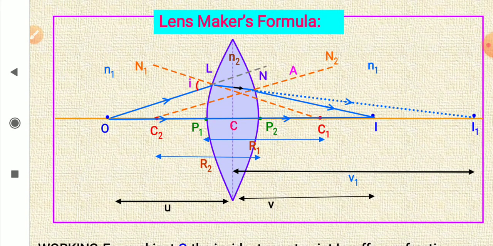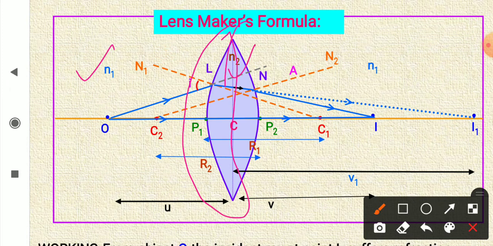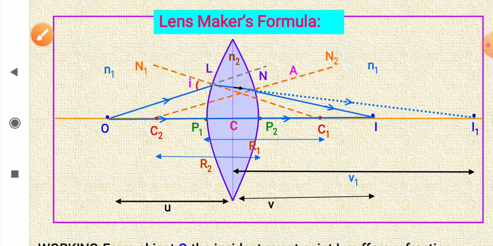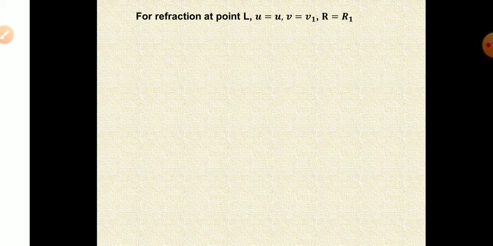And now what we are going to do is, we will write the formula for refraction at spherical surface. In the first case, from rarer to denser medium, and in the second case, from denser to rarer medium, and then we will combine them together. So that's how we are going to derive the relation, which is also called the lensmaker's formula.